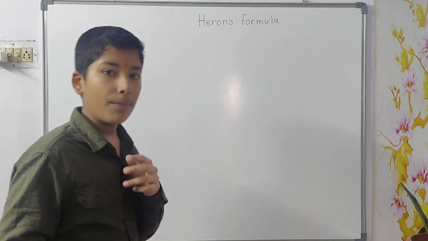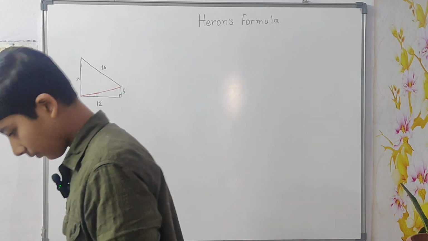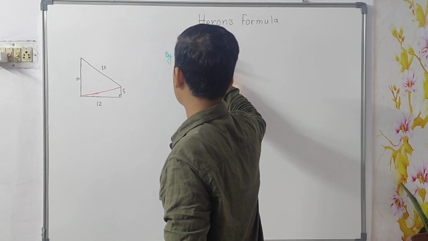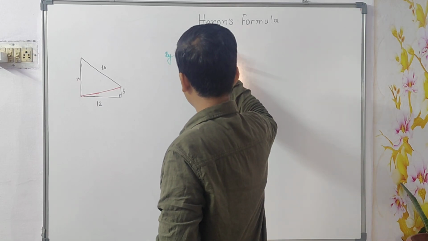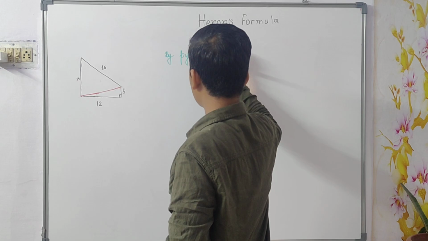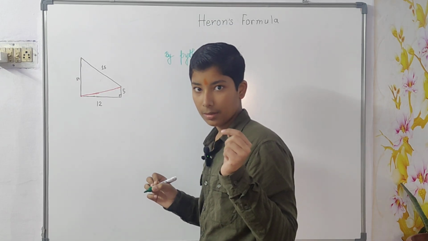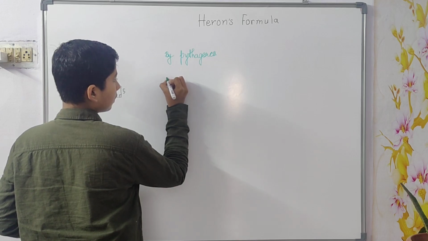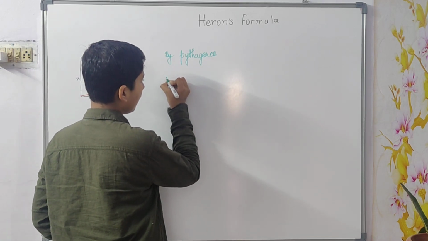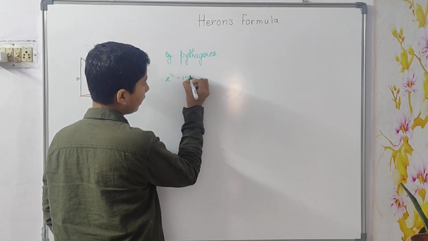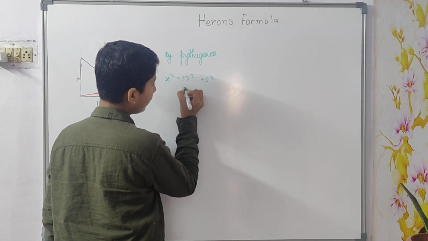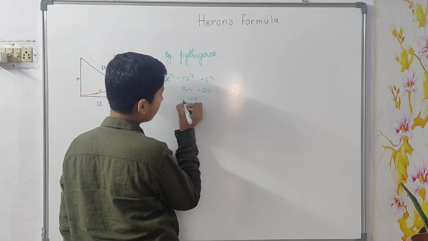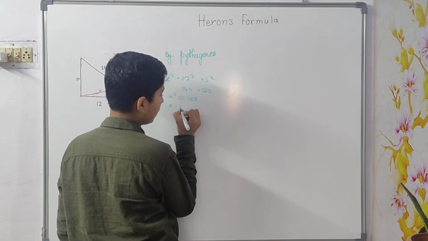This is 90 degrees. So by Pythagoras, I'll take this as x. x square equal to 12 square plus 5 square, 144 plus 25, 169, x equal to 13.